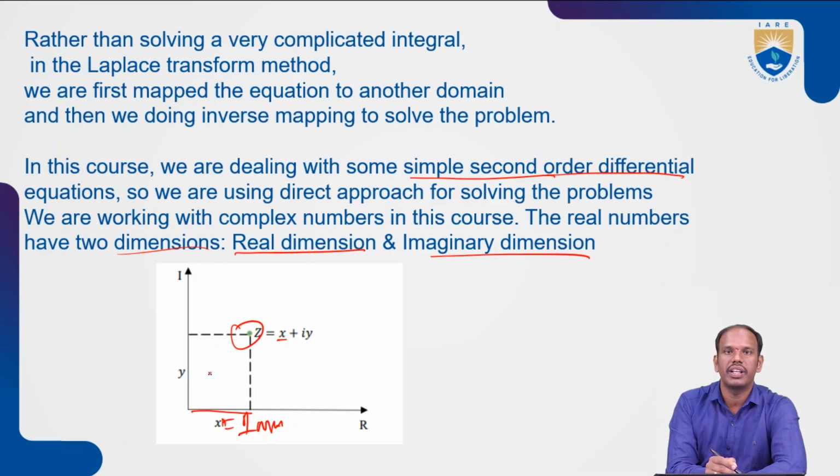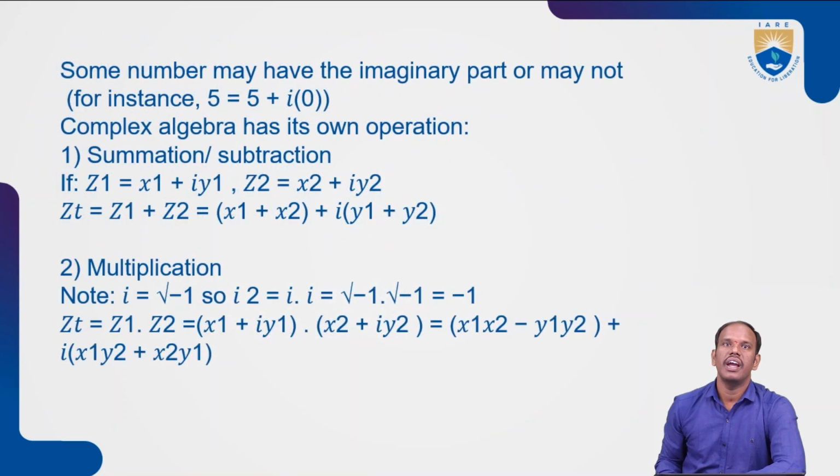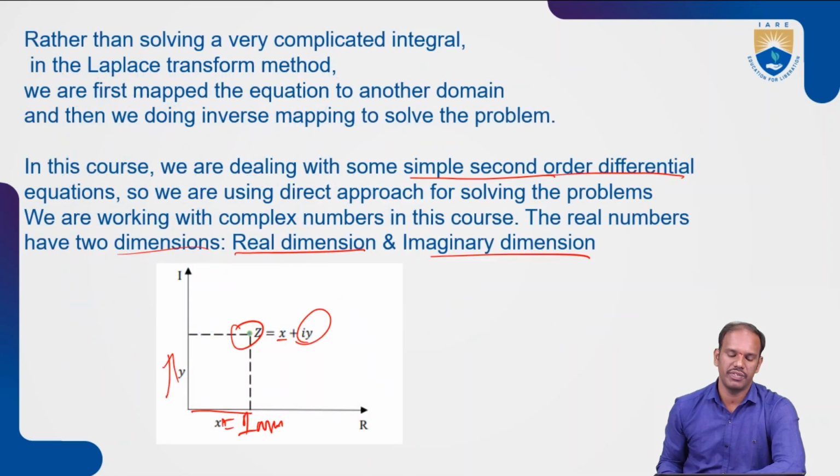We cannot predict how much distance there is in this height. So vertically it is nothing but iy, right? Iy is the imaginary distance, and some other numbers having imaginary parts we can say in this particular system.